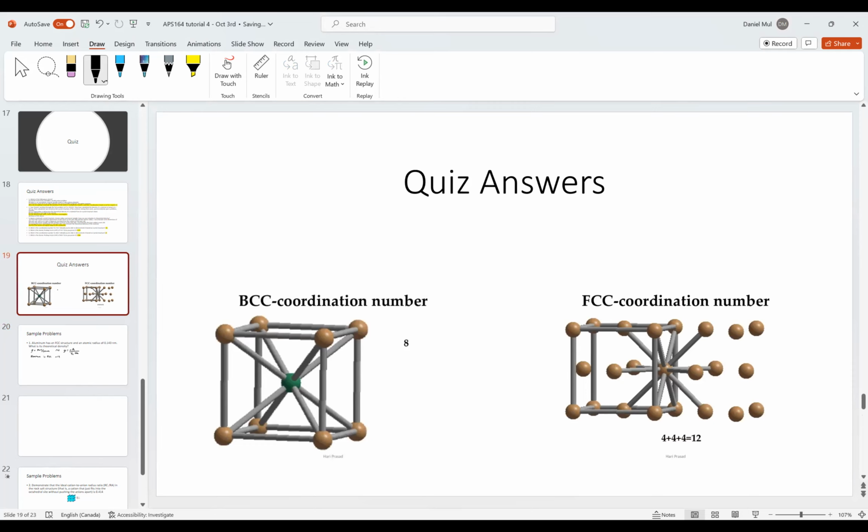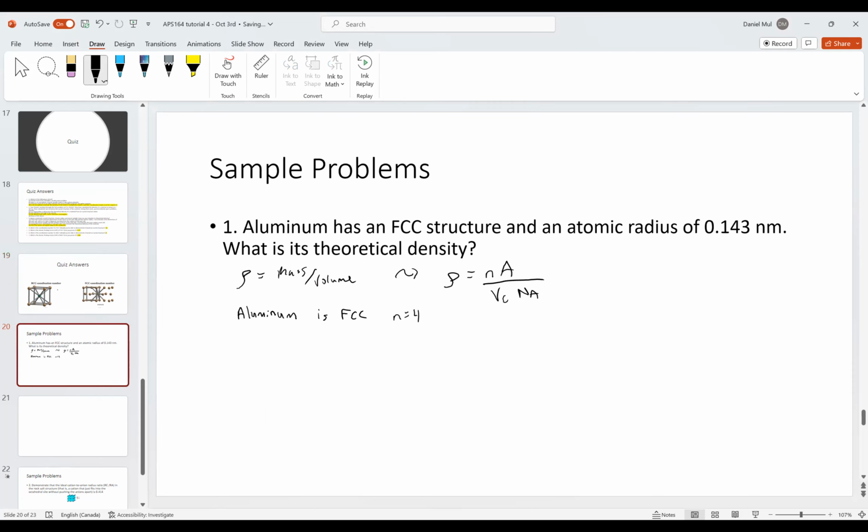So 6 times 1/2 plus 8 times 1/8 gives 4. And then the atomic mass A of aluminum is given as 26.982 grams per mole.